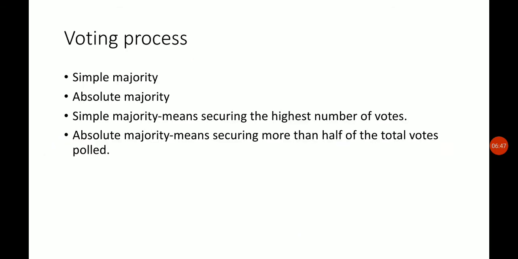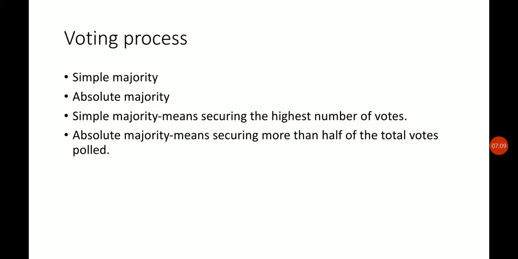Moving to the other voting processes, there are two systems in which they vote. The first is the simple majority, and the second is the absolute majority. Simple majority means securing the highest number of votes.